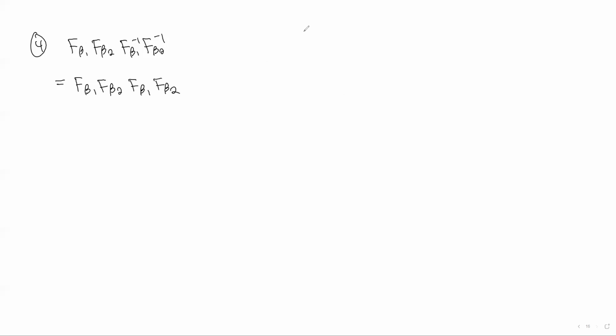Now, again, useful fact. F beta 1 times F beta 2 is R2 beta 1 minus beta 2. Remember that the notation I'm using is I'm referring to a reflection by the angle its axis of reflection makes with the positive x-axis. So that's why I can write beta 1 minus beta 2. It depends on the notation you're using. But for me, beta 1, beta 2 are angles.